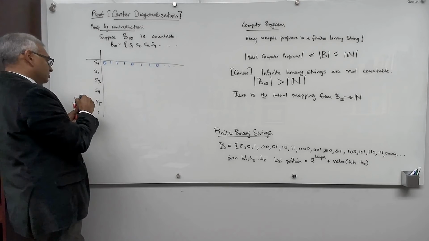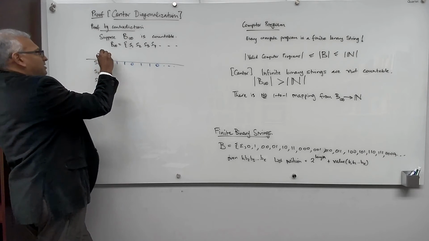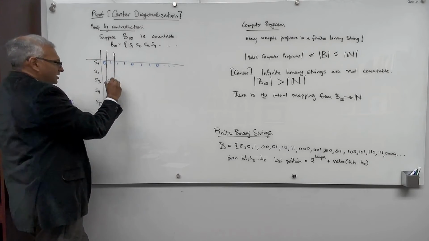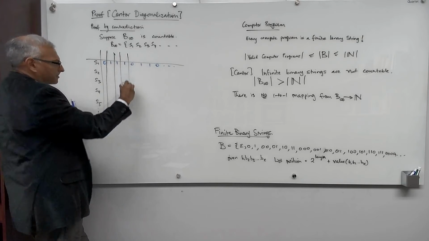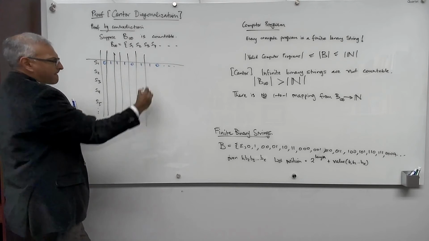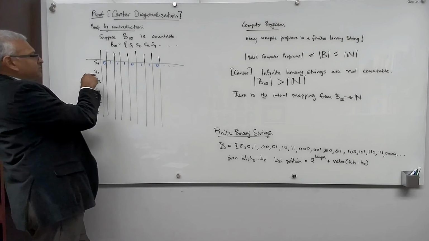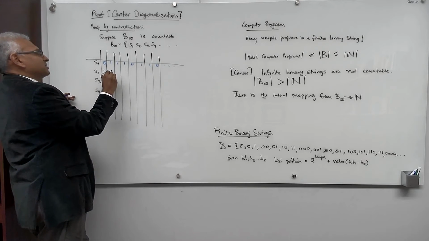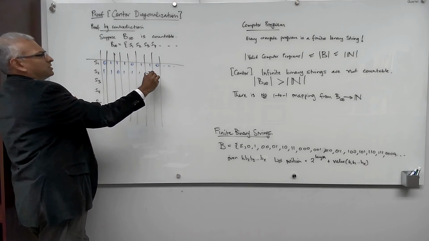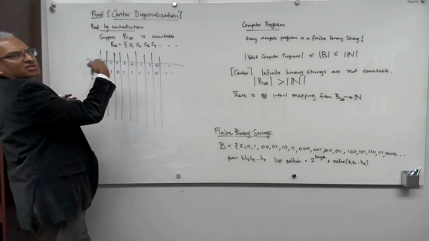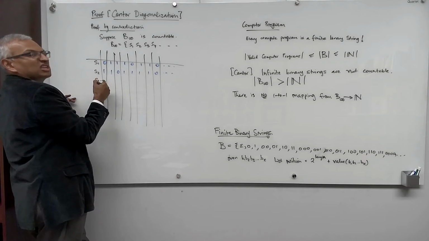So now what I'll do is I'll draw some columns to identify the various bits. Okay, so what does this second string look like? I don't know. Let's just imagine 110111110 dot dot dot. They're all different binary strings, infinite binary strings.